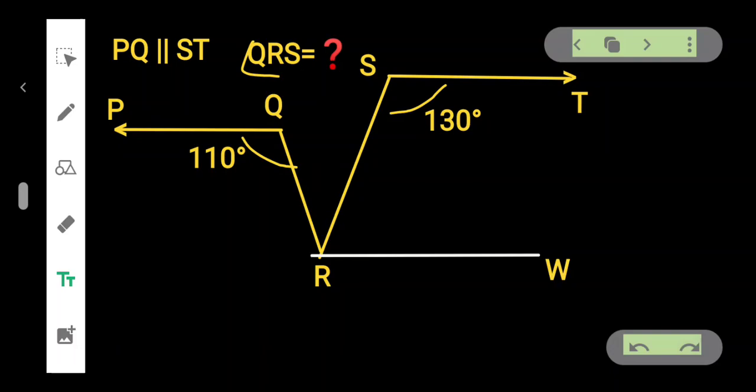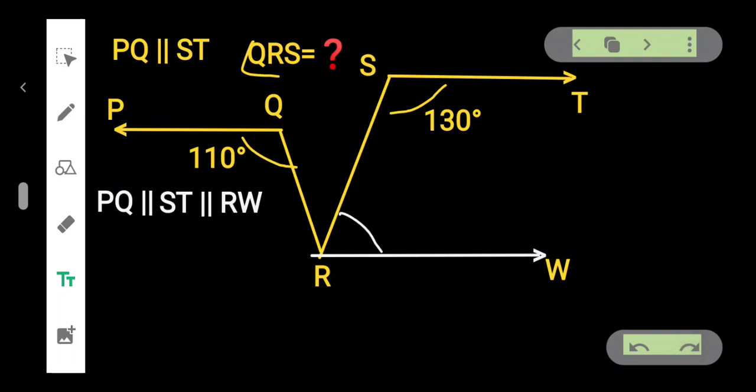You can say it will be parallel to PQ or parallel to ST. Then all three lines are parallel to each other. Whatever you want. So ST is parallel to RW. But given PQ parallel to ST, therefore PQ is parallel to ST, which is parallel to RW. All three lines are parallel to each other.